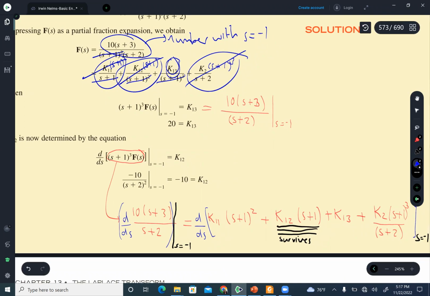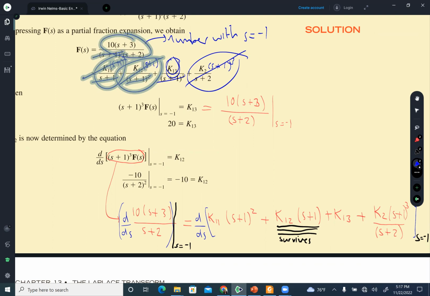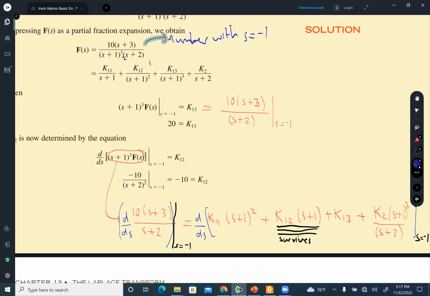So let's take the equality that we had here, the original equality, before we multiplied it with anything or substituted anything, right? So we take that equality, and that equality is written here in red in the bottom, right? You have 10 times s plus 3, s plus 1 cubed. So I'm multiplying everything again by s plus 1 cubed.